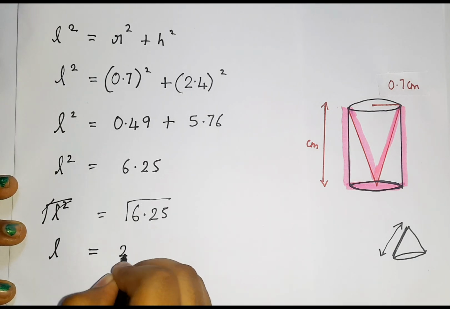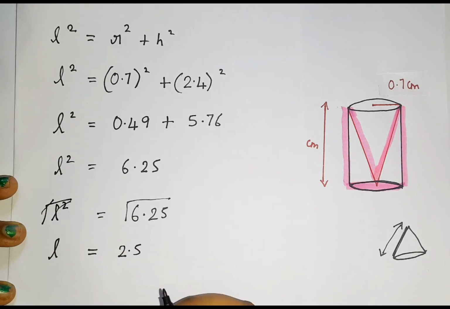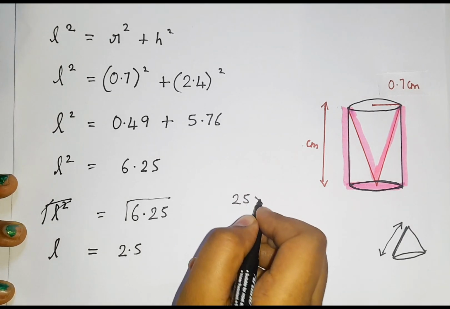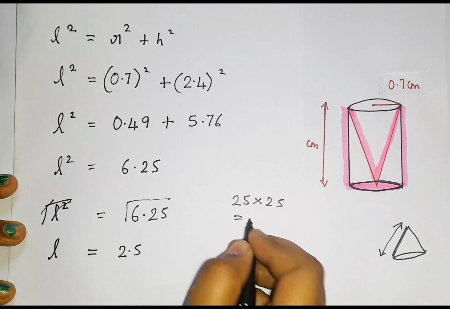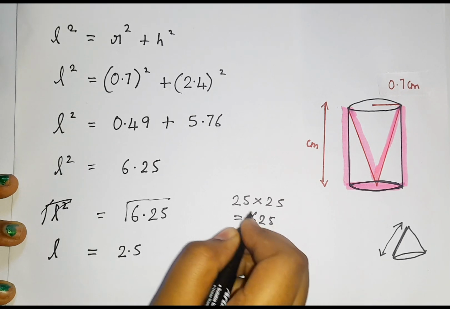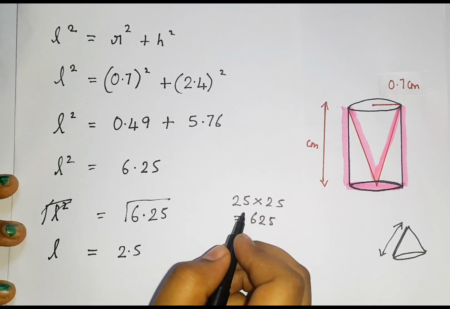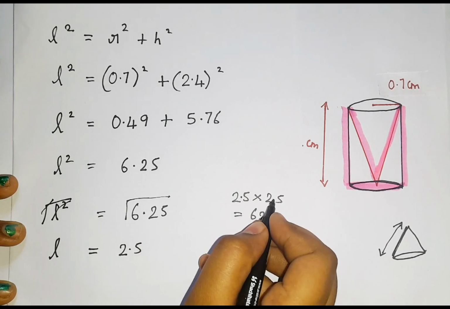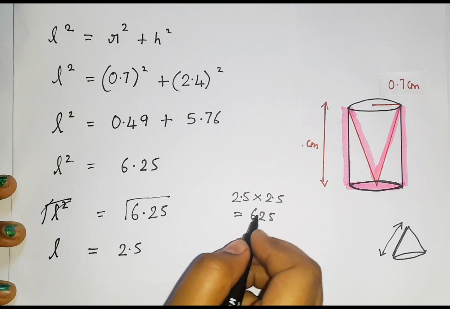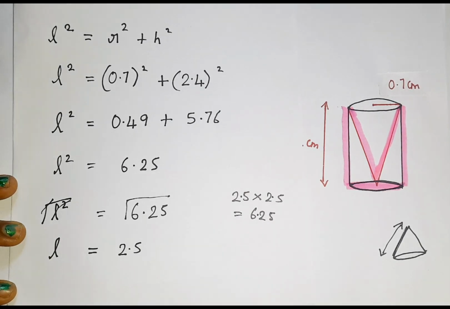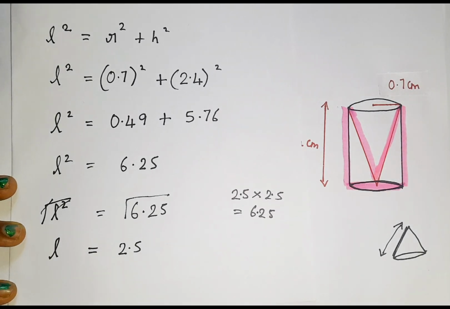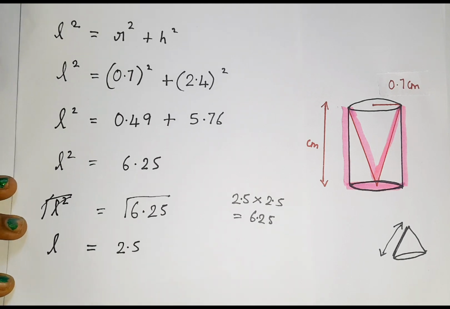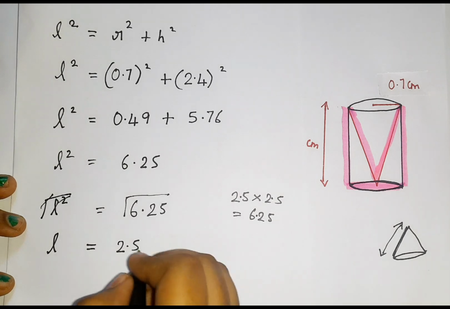So if you write 2.5, that will be much better. Since we need 6.25, if you just put the point here, that is 2.5 into 2.5, we get 6.25. Of course you guys know how to take the square root. So now we got 2.5 centimeter.